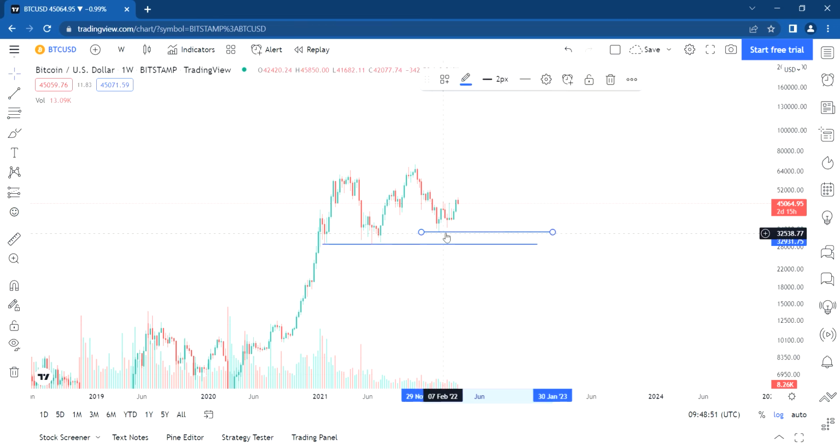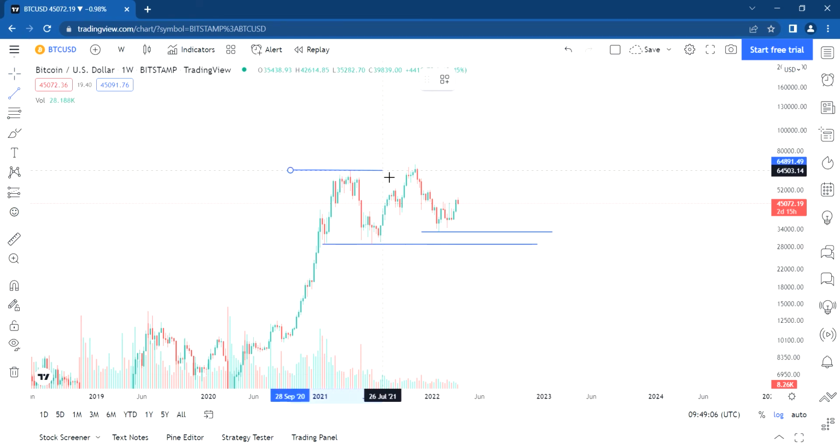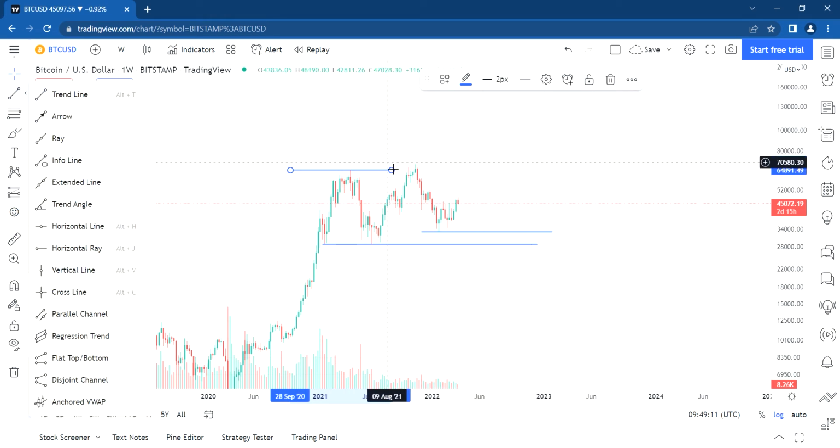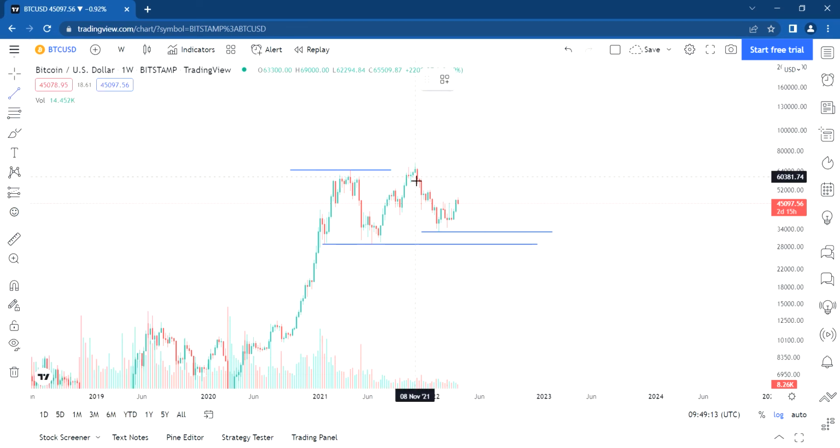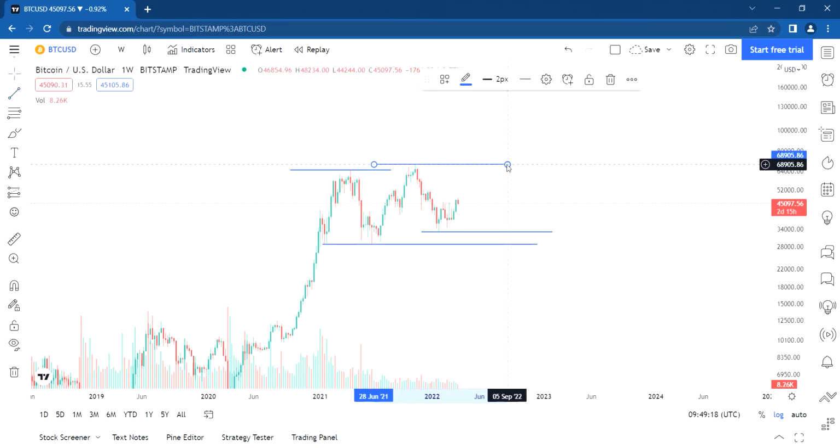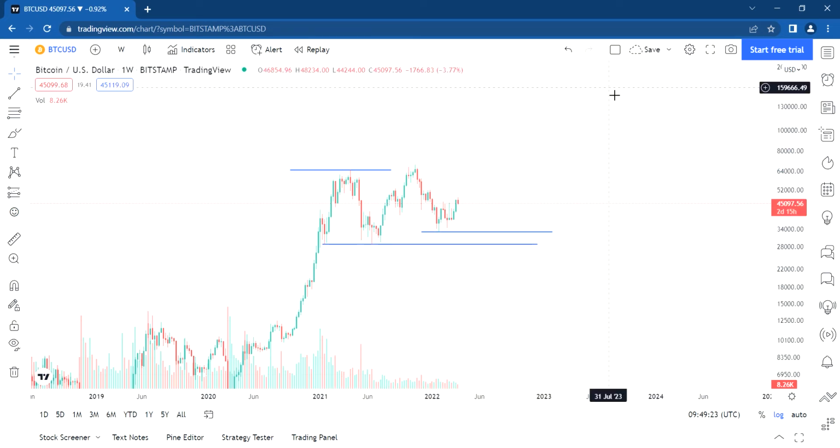It's higher than the last low, meaning that buyers have decided that no, this is low enough. We are willing to buy at a premium compared to just a few months ago. Similarly, with the high, you have sellers here saying, okay, no, it's enough profit. And here it was a little bit higher. The buyers thought that there was a bit more value. That's just a simple way of looking at price using levels.